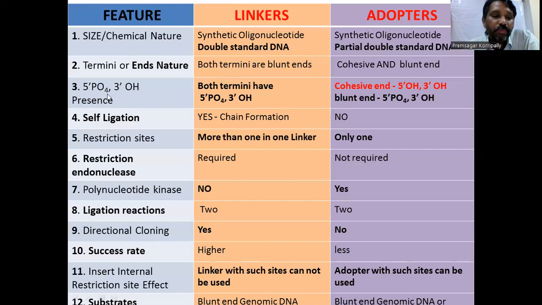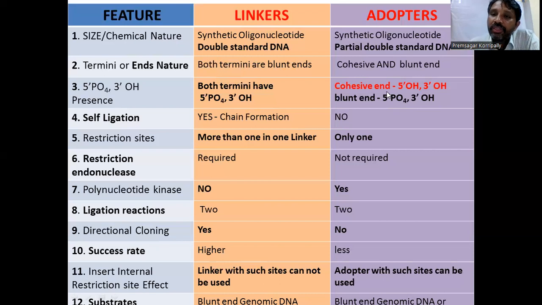Presence of 5' phosphates and 3' OH: both termini have 5' phosphates and 3' OH in linkers. But in the case of adapters, the cohesive end has 5' OH and 3' OH, and the blunt end has 5' phosphate and 3' OH.